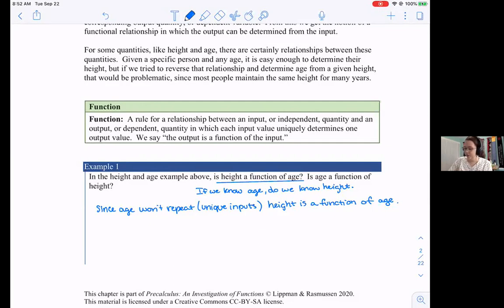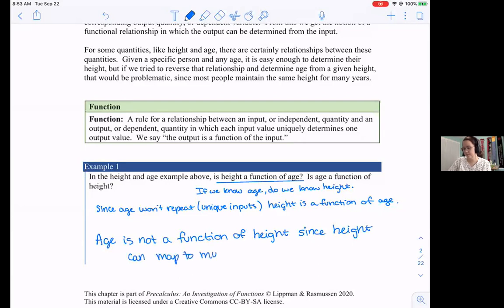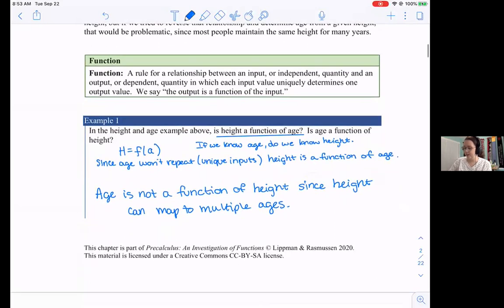So age is not a function of height, since height can map to multiple ages. What the Go Formative does for you guys is it serves as a place where you can have your notes kept. So we do know that height is a function of age, but age is not a function of height.